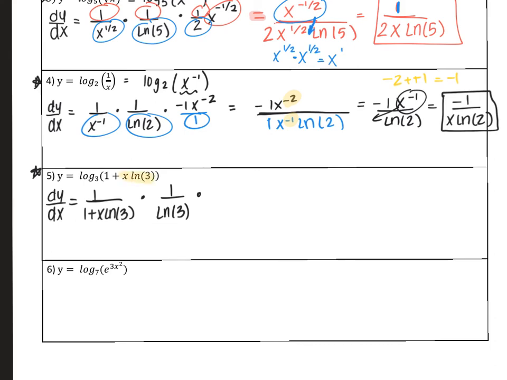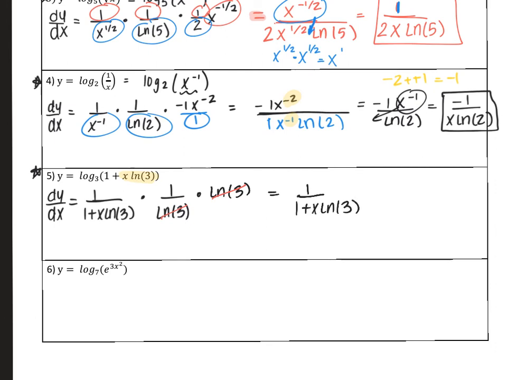X ln 3, well, we know that ln 3 is a number, so think of it as like 4. Whatever the number is, it doesn't matter. 4x. What's the derivative of 4x? Nothing other than ln of 3. So what you'll notice is that the ln's of 3's will actually cancel, and this answer is just going to be 1 over 1 plus x ln 3.